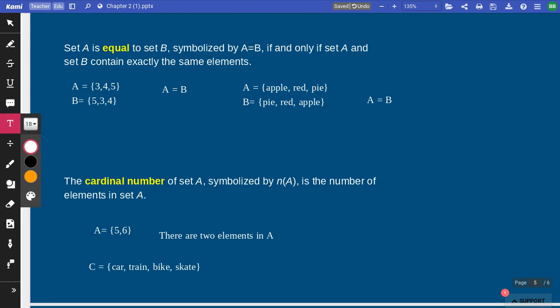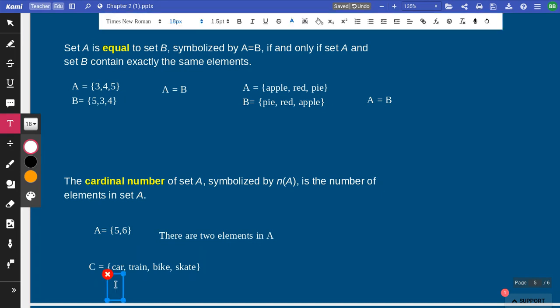It's a cardinal number. We have 1 element for car, 2 elements train. Let's keep counting. 3 bike, 4 skate. Therefore, we have 4 elements in C.